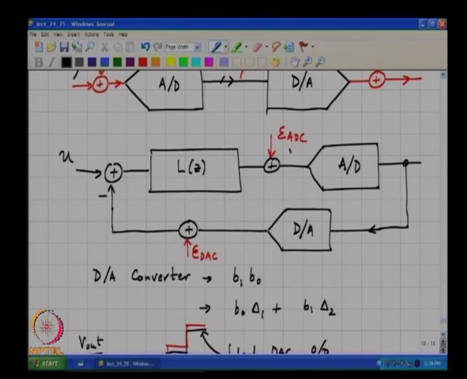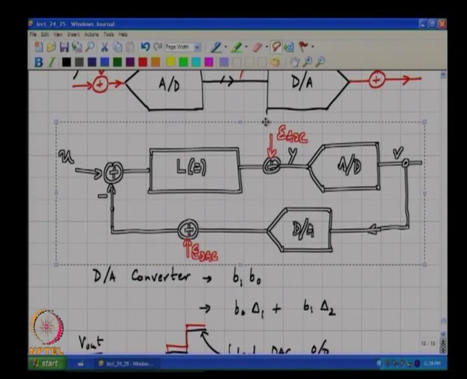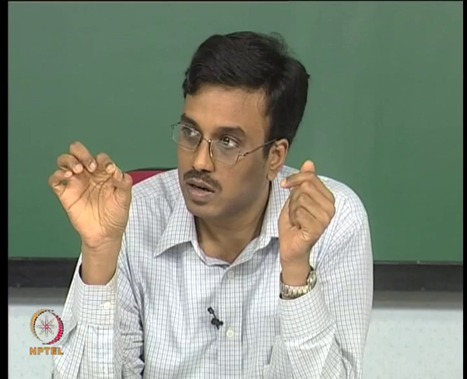Again, this is Y, this is V. The final sequence that you are taking out into the decimation filter is the output of the A to D converter.